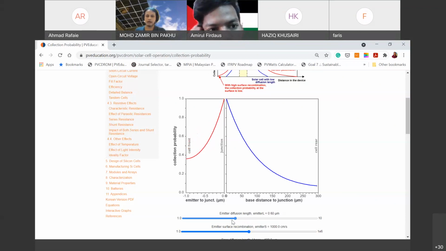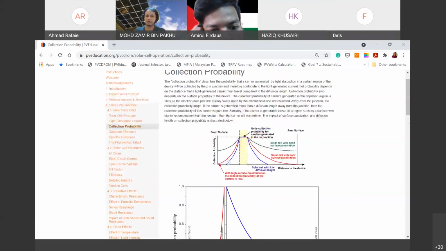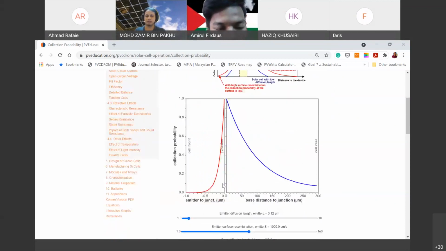It's going to go down, down, down until 0, just like what we saw here on the top graph. So the top one is the good one, the low one is the bad one. And if you improve the quality of your emitter, your collection probability increases accordingly, right? So that is the effect of emitter diffusion length.